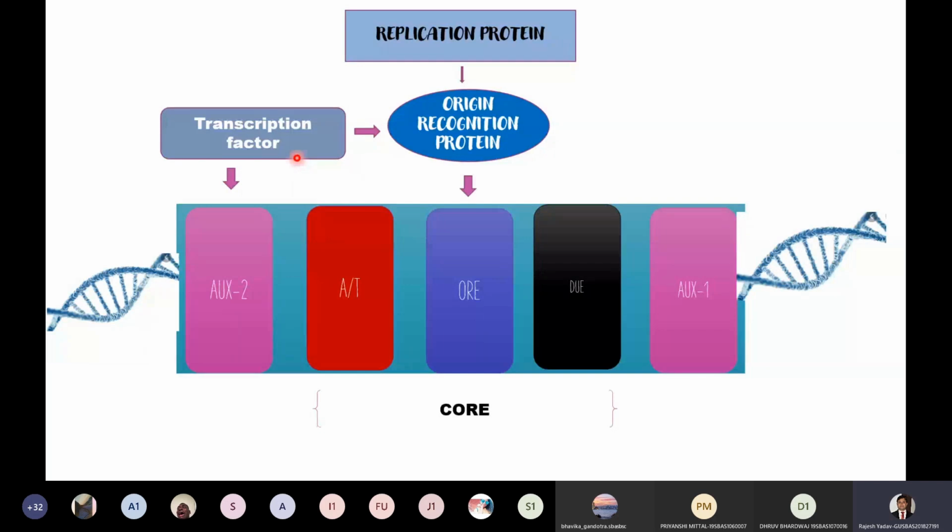In the transcription process, transcription factors are required, and these transcription factors also bind with the origin, especially the auxiliary component of the origin. In replication, we are not discussing this transcription factor. Here we are discussing the origin recognition protein that will bind with the origin. So you have to keep in mind this structure, this core region and auxiliary region.